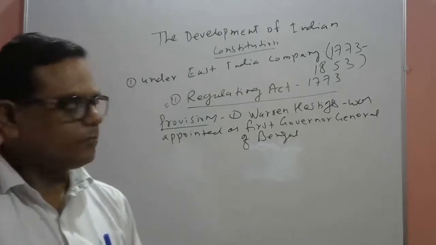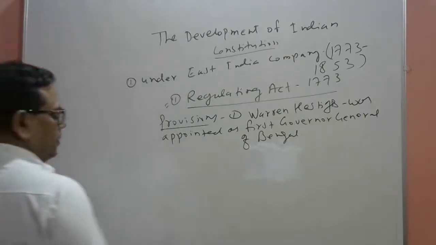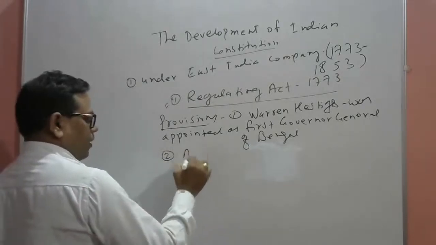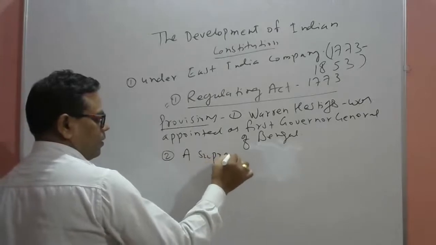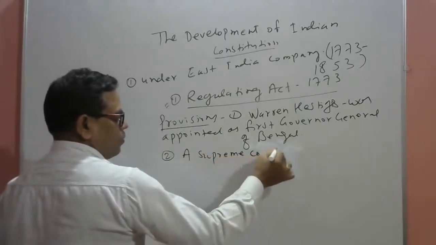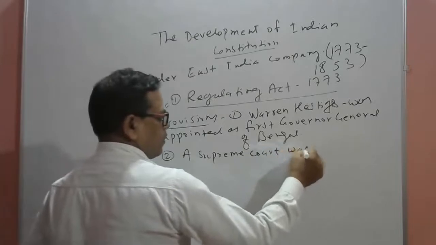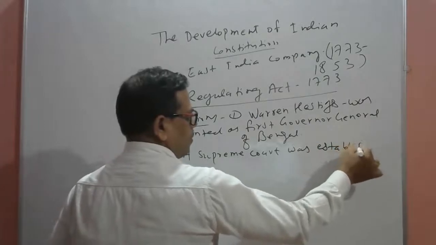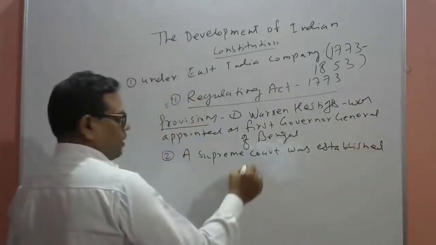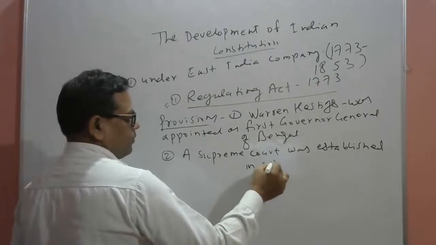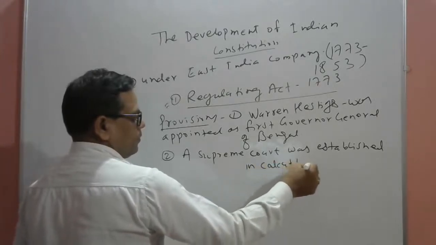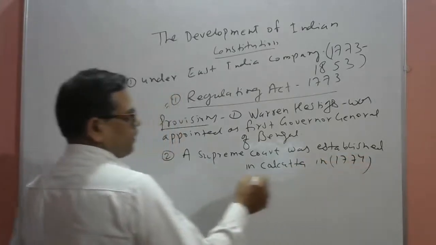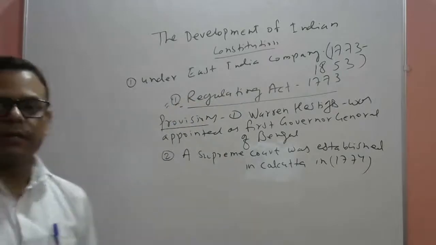This is the first time. And second provision, a Supreme Court was established in Calcutta in 1774, in respect of the Regulating Act.